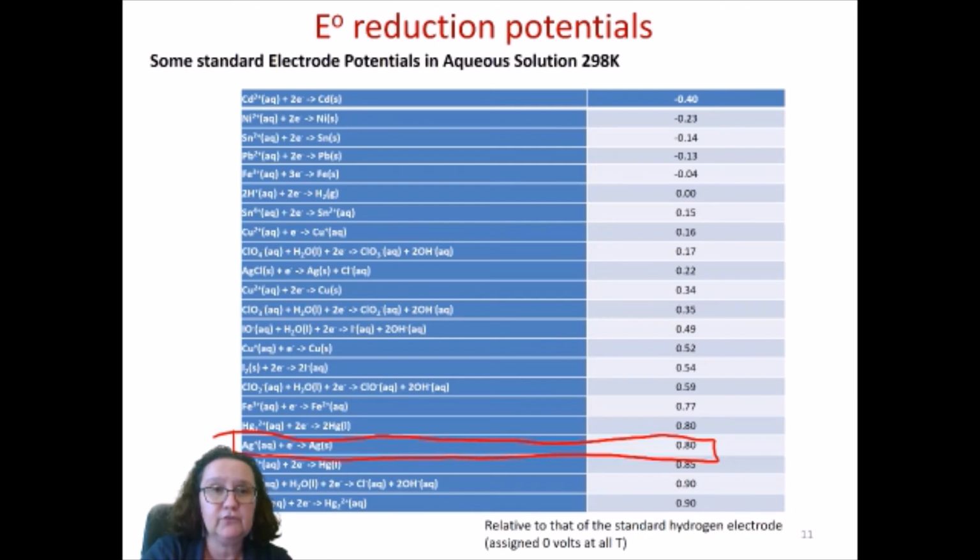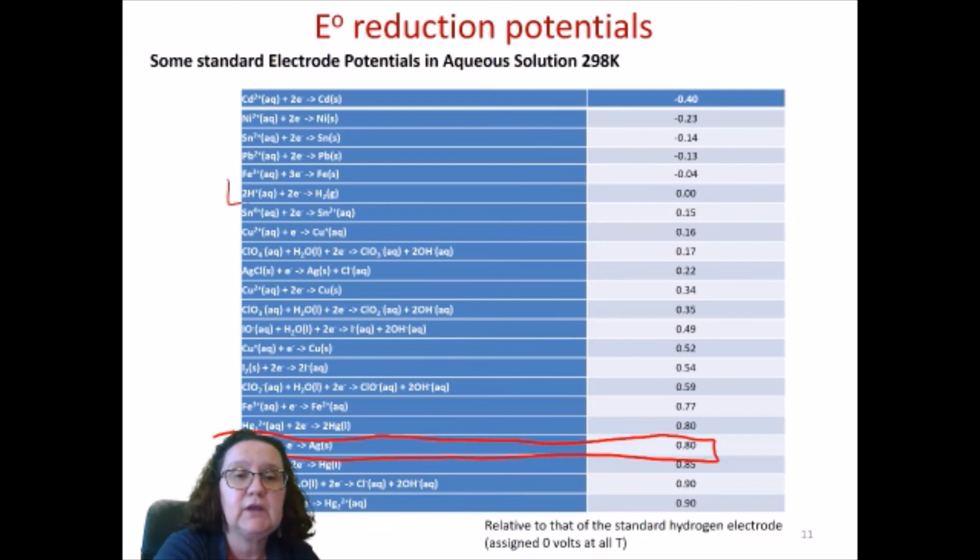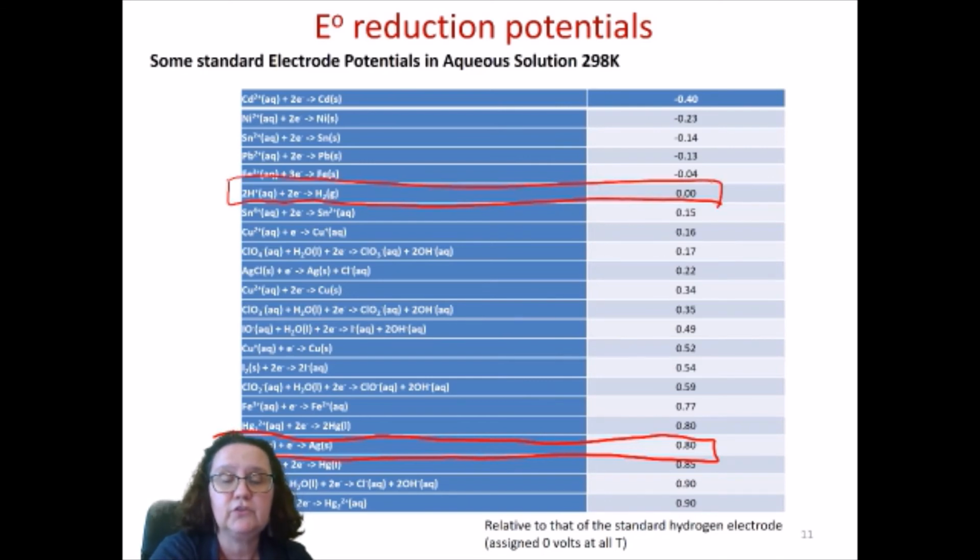And I can also find the one for hydrogen, which is here, and it is 0. So on one hand, I've got 0 as the electrode potential for the reduction process, and on the other hand, I have 0.80 as the electrode potential for the oxidation process.